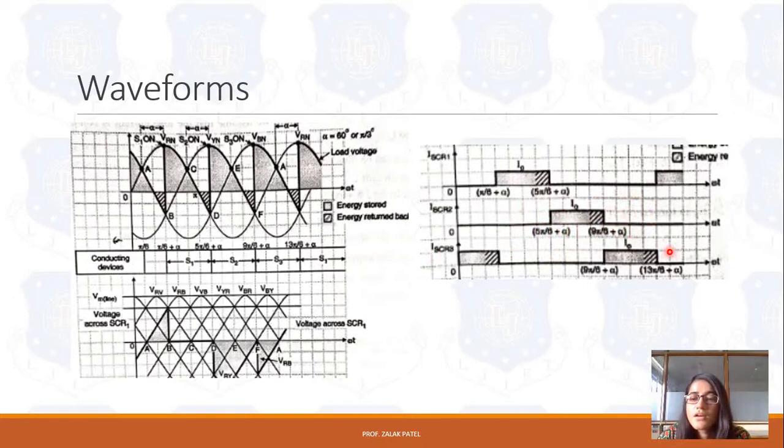Same way in the third case, the current will remain present only in this interval. So this crossed portion, this circle, denotes the energy returned from load to source, while this portion shows the energy from source to load. So this is the waveform for the half wave controlled rectifier.